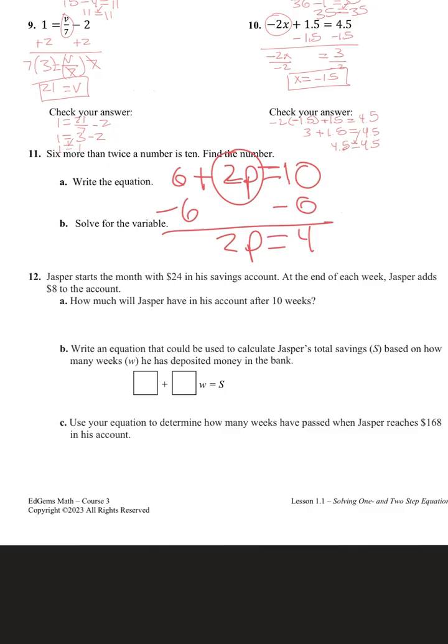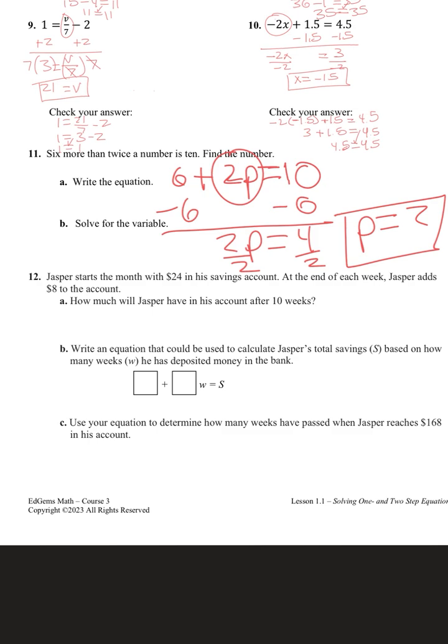And then I'm going to get rid of any multiplication or division. So the opposite of multiplying by 2 is dividing by 2. So I'm left with p equals 4 divided by 2. That is 2, and that is my final answer.